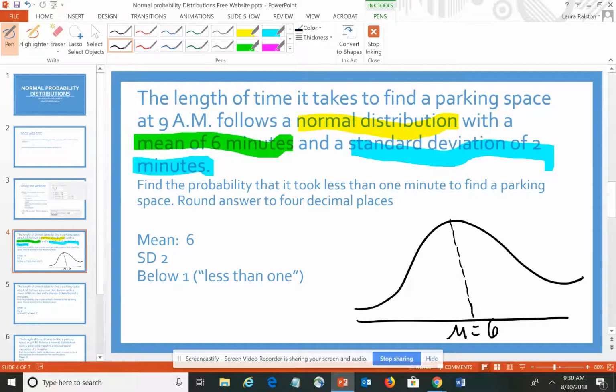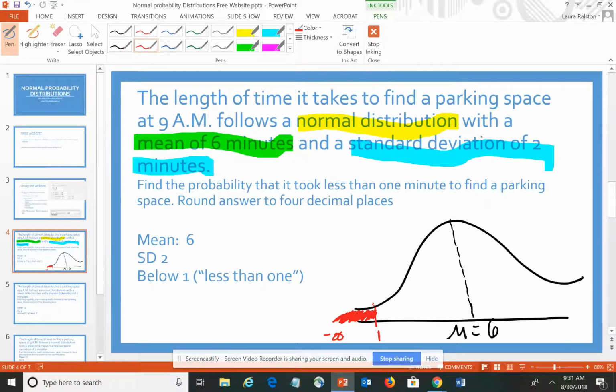So 1 would be to the left of 6, somewhere down here on the end. And we want to be less than that, so we're going to be out here in the tail. And then remember, this feasibly goes all the way out to negative infinity. I realize time doesn't really do that in this scenario, but theoretically it does.